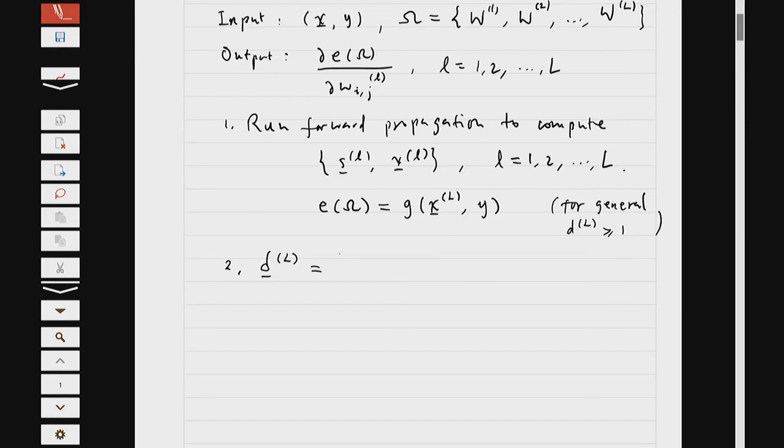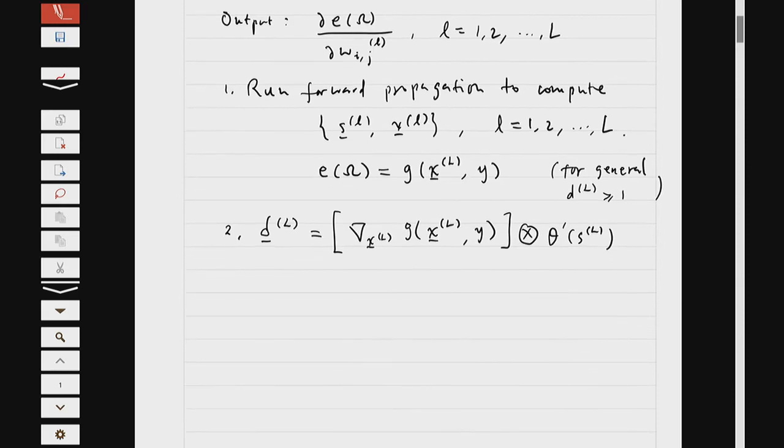And for the last layer, just looking back at your notes, we'll take the derivative, or we'll take the gradient, because it's more than one, of this loss function at the last layer, and then this will be element by element, or pointwise multiplication by this theta prime. We find this input sensitivity with respect to the last layer's input.